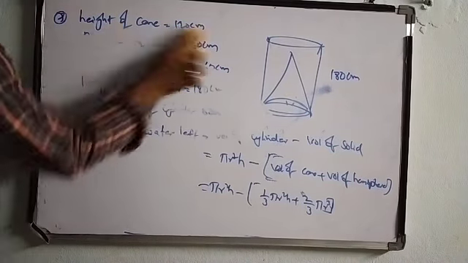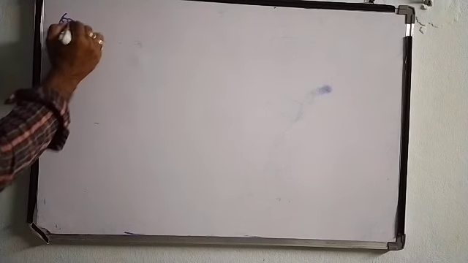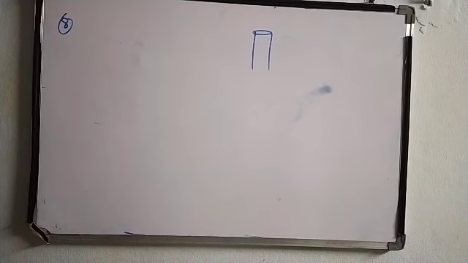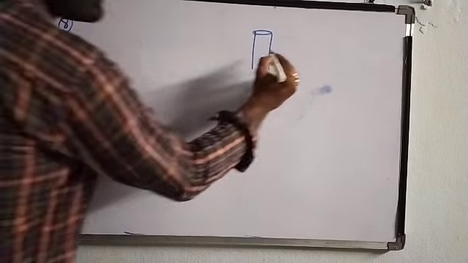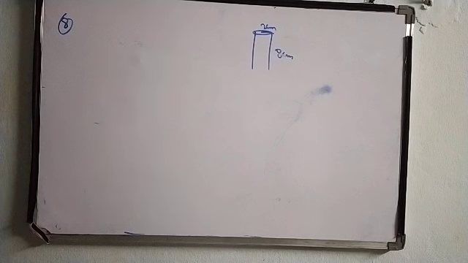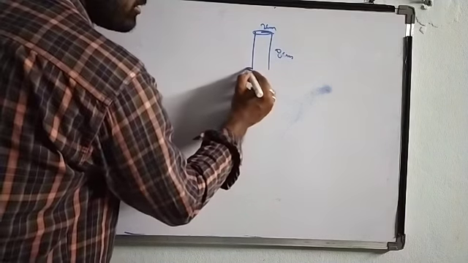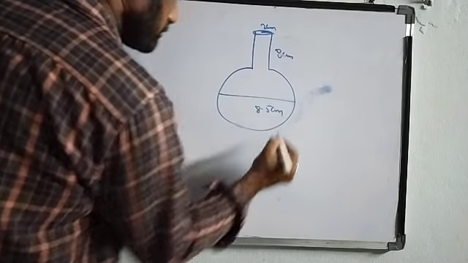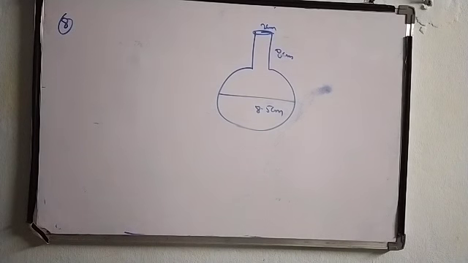Next, 8th question. A spherical glass vessel has a cylindrical neck, 8 centimeter long and 2 centimeter in diameter, and the diameter of the spherical part is 8.5 centimeter.